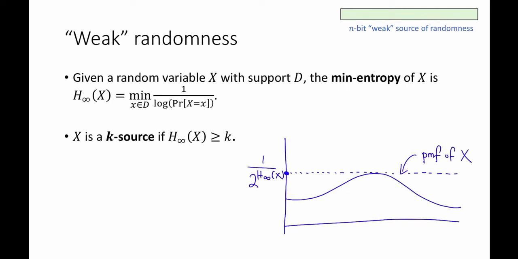We say that a random variable X is a k source if the min-entropy of X is at least k. In other words, for a k source, this level here is at most 1 over 2 to the k.